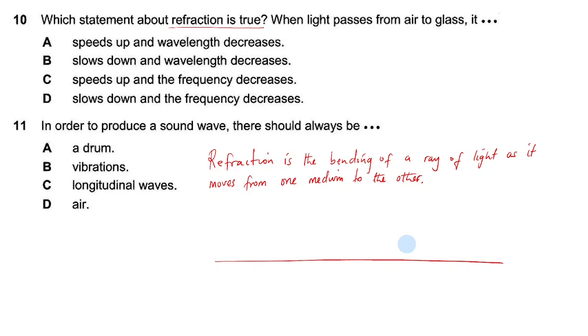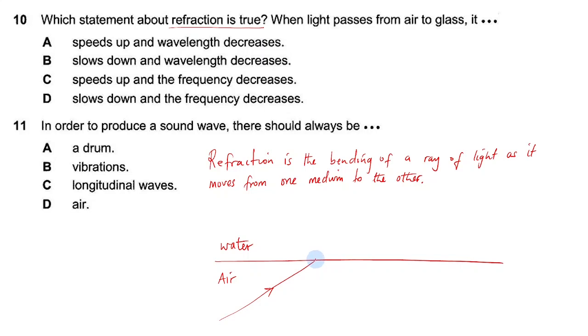So a demarcation which can say this is another part, this is another part. If we have water on this side and air on this side, let's say light is moving from air in a straight line like that. Then it meets the boundary. This is a ray of light.